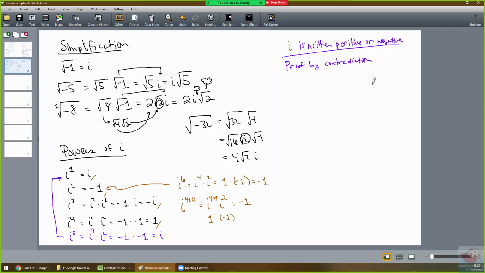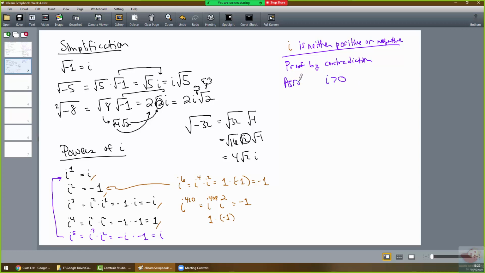The whole idea with a proof by contradiction is you assume the opposite of what you're trying to prove, and then you show there's an error, which means your assumption was wrong. So in order to prove that i is not positive, we assume that it's positive, which is the opposite. So that means i is greater than 0.